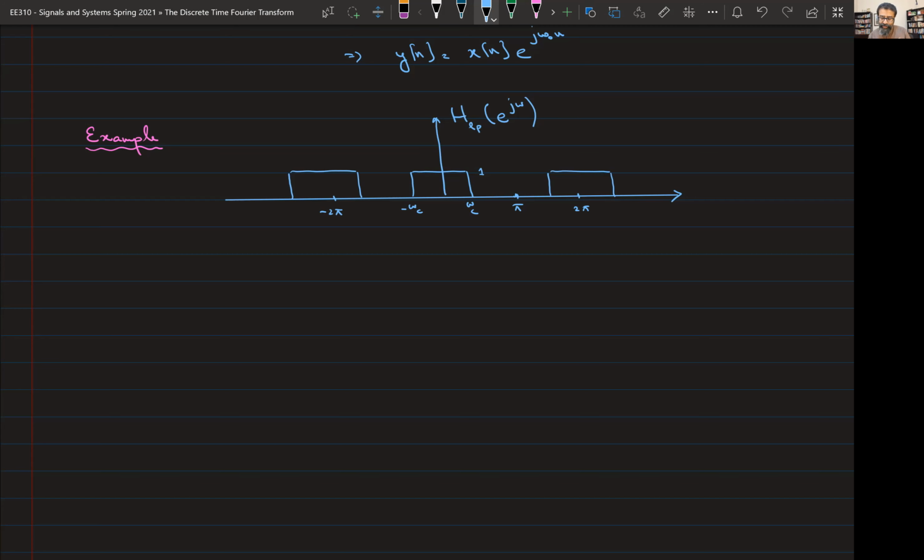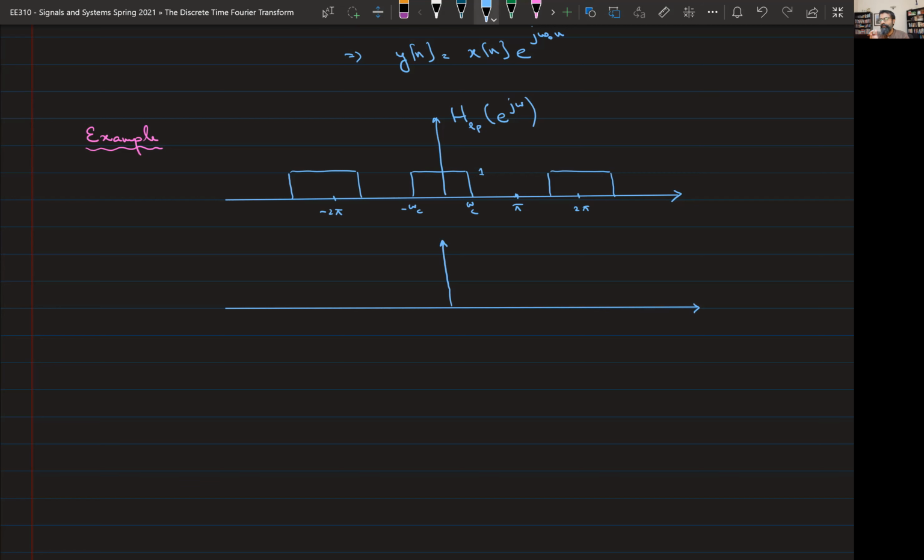So if this is the low pass signal, let me arbitrarily define another signal, and I say that I need to convert this low pass into a high pass equivalent in the Fourier domain. So what kind of operation would you imagine? The low pass has to be converted to a high pass, and that operation will be shifting. Shifting by how much? Right, shifting by pi.